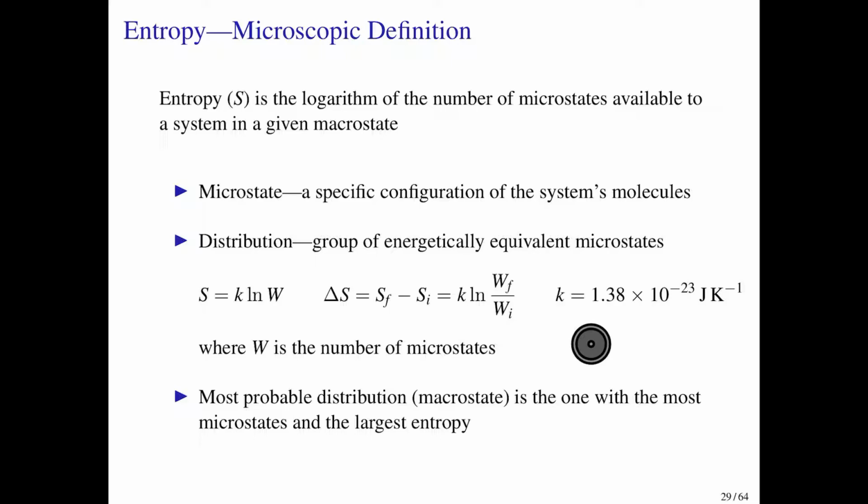One of the observations of thermodynamics is that the most probable distribution, that is, the most probable macrostate, is the one that corresponds to the largest number of microstates and hence also has the largest entropy. So in nature, there's a tendency to maximize the number of microstates available to the system, and in doing so, you also maximize the entropy of the system.